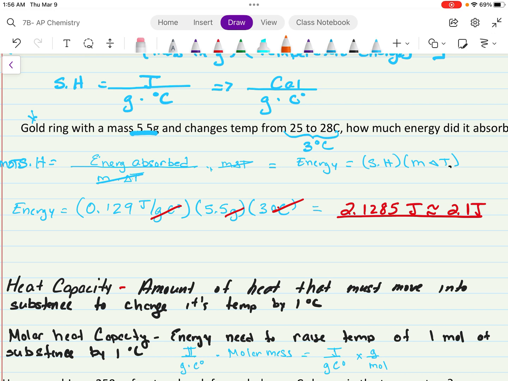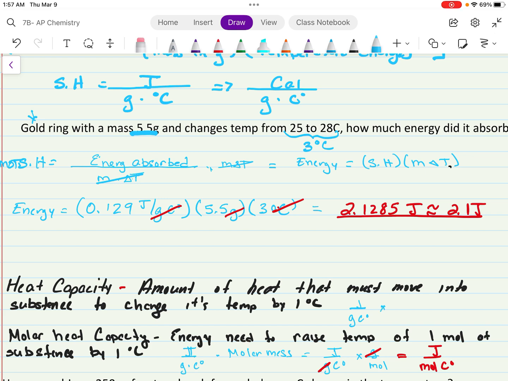When you multiply the heat capacity, or the specific heat, by the molar mass, then you end up in joules per mole degrees Celsius. And if you're talking about just the mass, which is what we have in heat capacity, you still end up with joules over grams degrees Celsius.